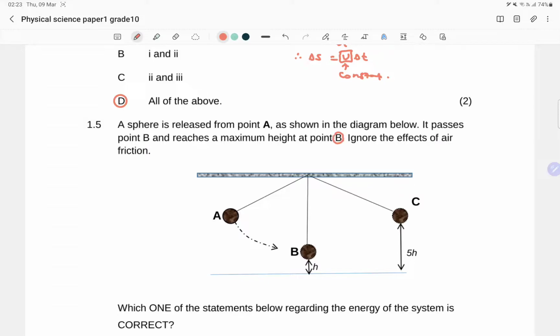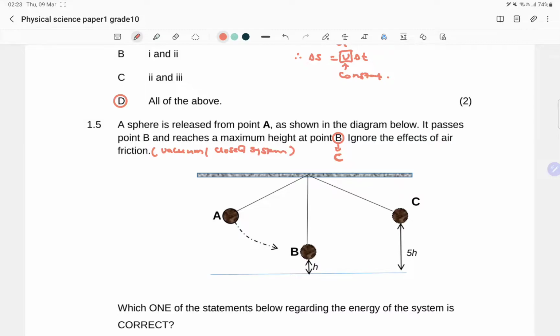Can't be serious. I suppose this should be C. Okay. Now ignore the effects of air friction. So this means we are creating what we call a vacuum. How do you write vacuum? Is it like that? Or the so-called closed system?